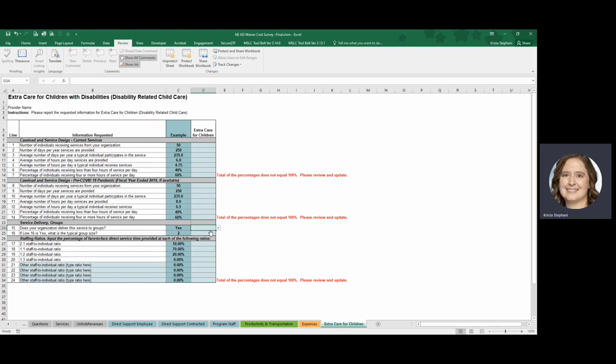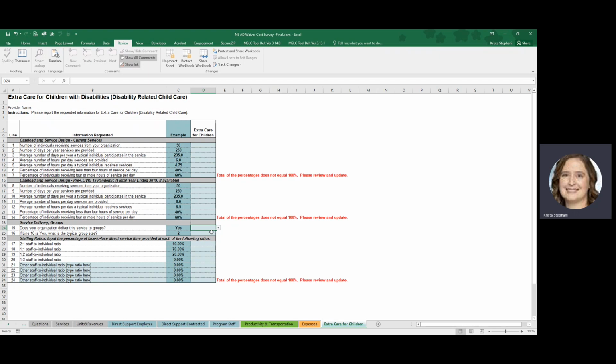The next couple of questions ask if you provide this service in a group setting. What we mean by a group setting is: do you provide this service using one direct support professional to a group of 2 individuals or participants at the same time, or there could be more participants?